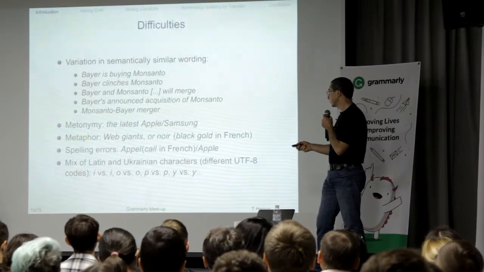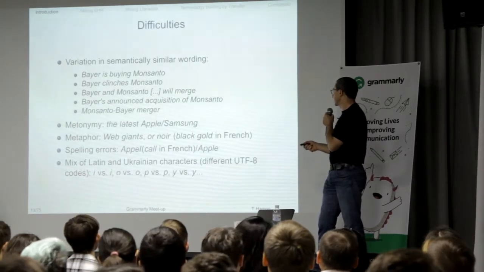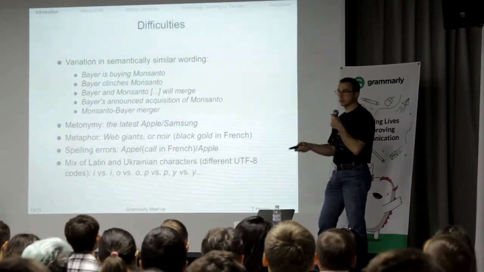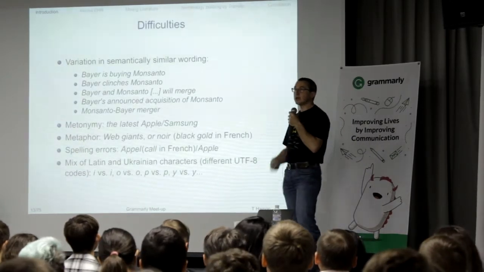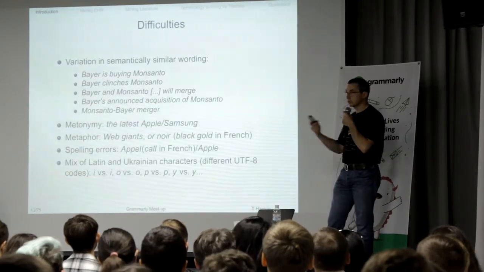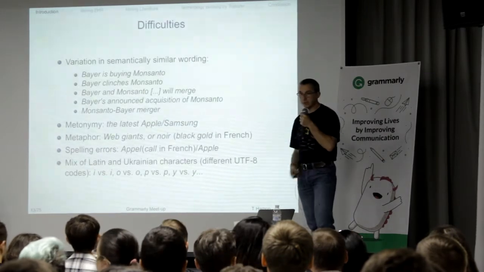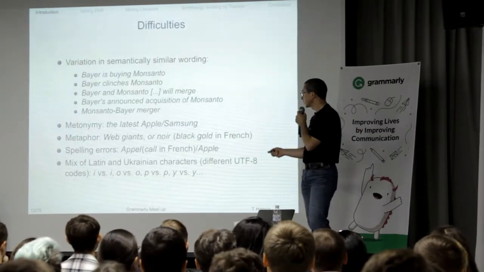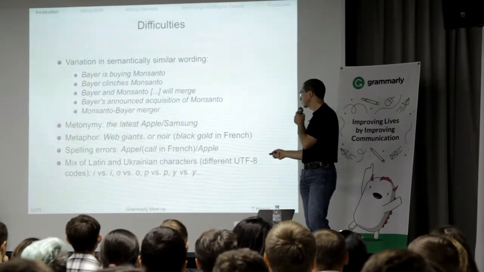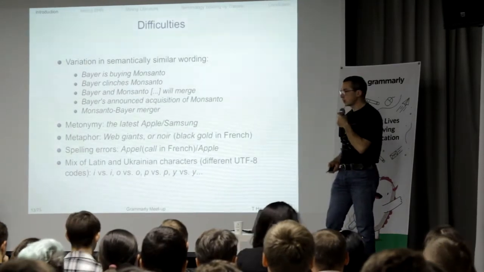So E and I and E, O and O, P and R, Y and U, and so on and so on. That will lead to some problems with string matching, because if you want to find some Ukrainian terms which are not correctly written, it will be a problem.